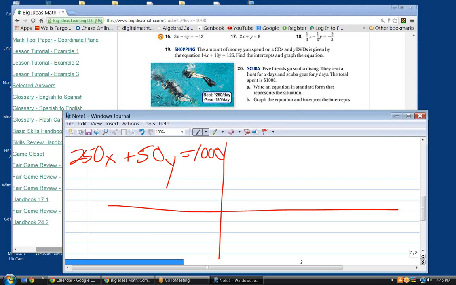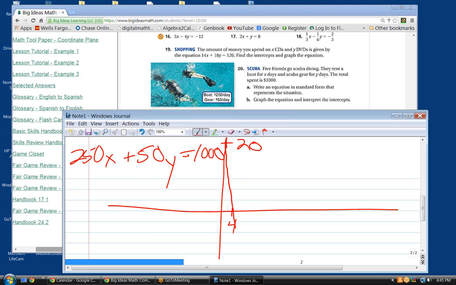The x-intercept will be 4. Okay. And what's the y-intercept? The y-intercept would equal 20.